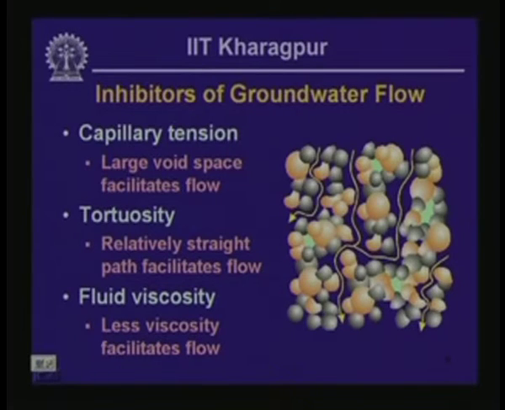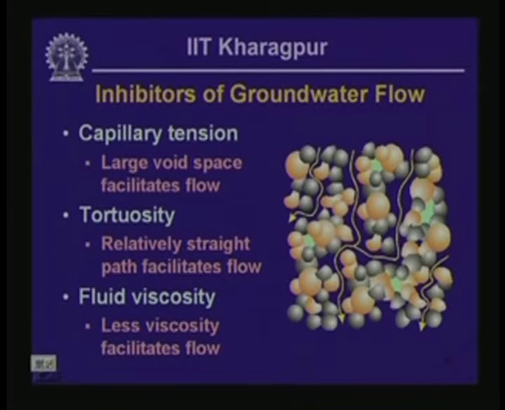So, tortuosity is another inhibitor. Tortuosity is a measure of how bent are individual flow paths, shown by yellow arrows there, in comparison with straight flow paths. So, tortuosity is another inhibitor of groundwater flow, and the third inhibitor of groundwater flow is fluid viscosity.